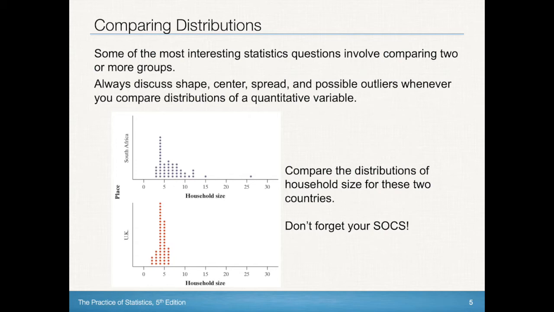You're doing a comparison by using Boolean expressions, saying that it's greater than, less than, equal to. In the case of shape, the best you can do is talk about whether they are both symmetric or if one's different, what the case may be. So more is better when it comes to these comparisons, so long as you use SOCS, so long as you talk about the direct comparison of the ideas of SOCS themselves.